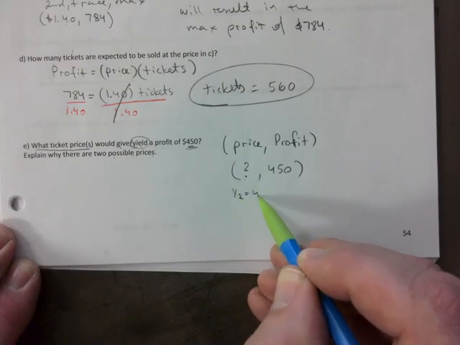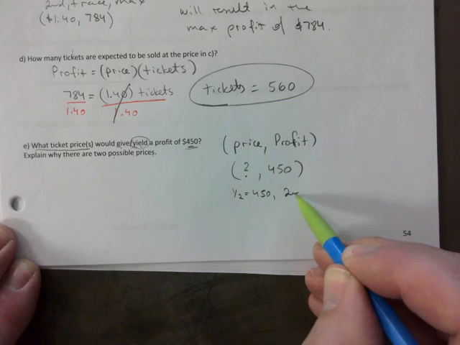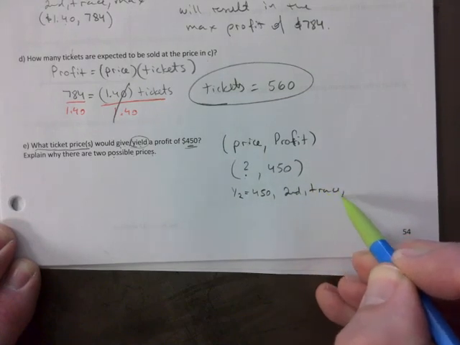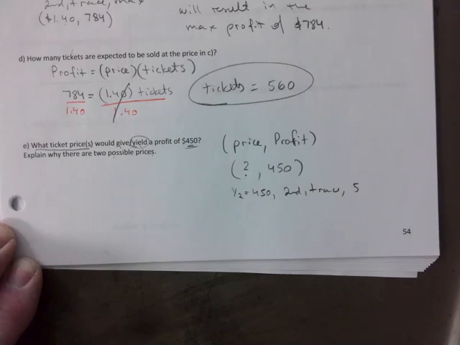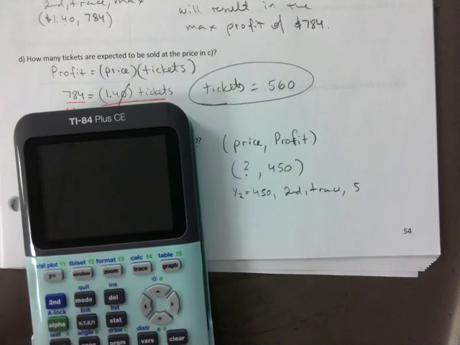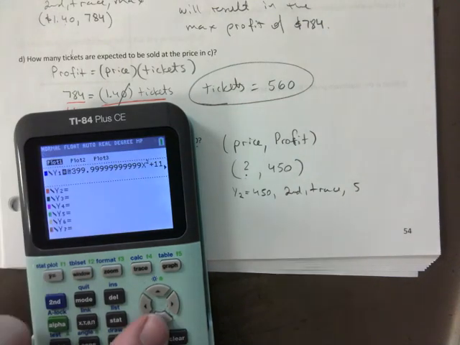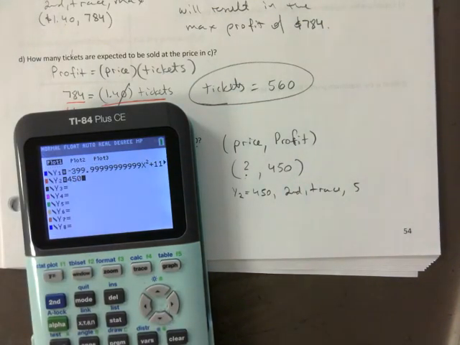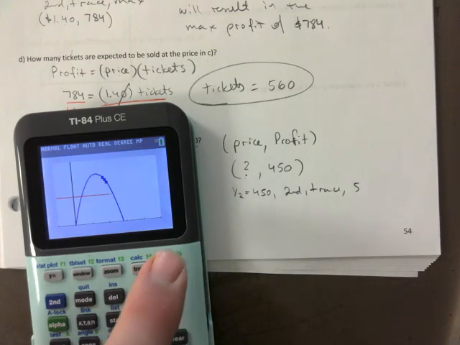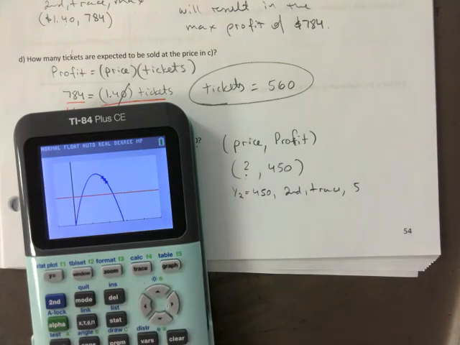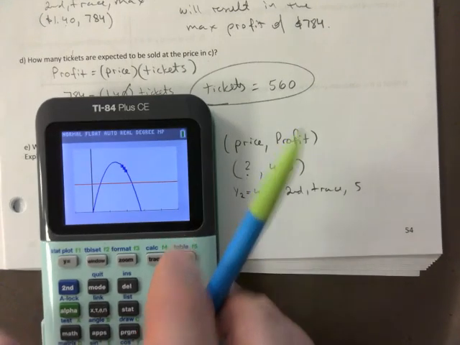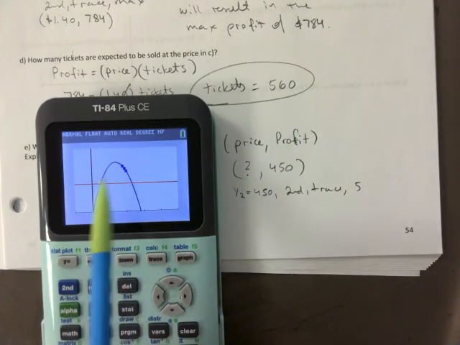Y2 is equal to 450. And then it's second, trace 5. So let's go ahead and do that. I let Y2 equal 450. I hit graph. And what do we find out? That there's more than one instance that will give you a 450 profit.